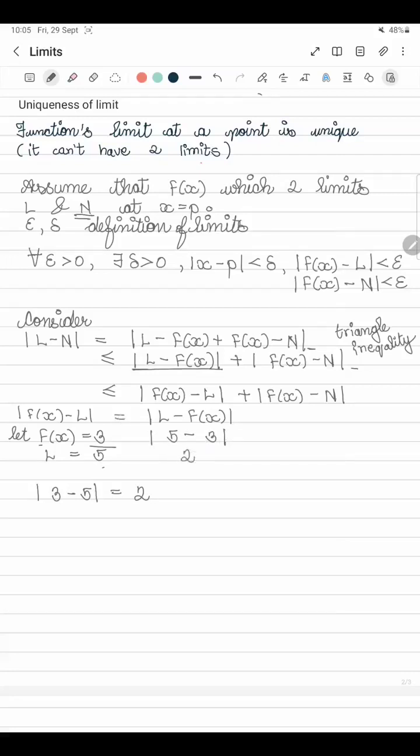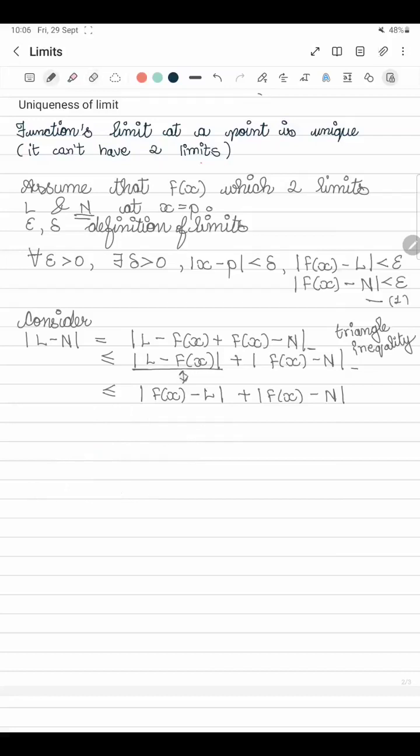So what we modified in the equation is right. Now from our first equation, we know that mod of f of x minus L and mod of f of x minus n are less than epsilon. So this is what we substitute here. So epsilon plus epsilon, which is equal to 2 epsilon. So our mod of L minus n is always less than 2 epsilon.